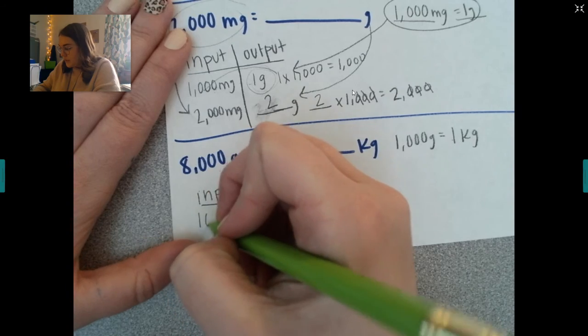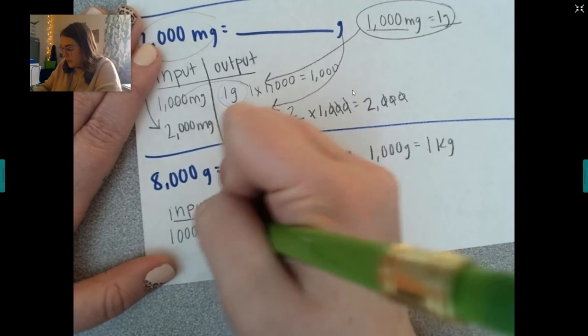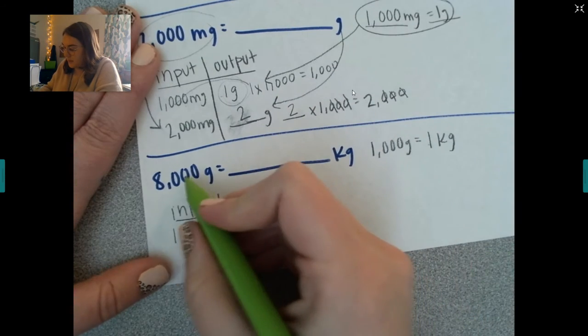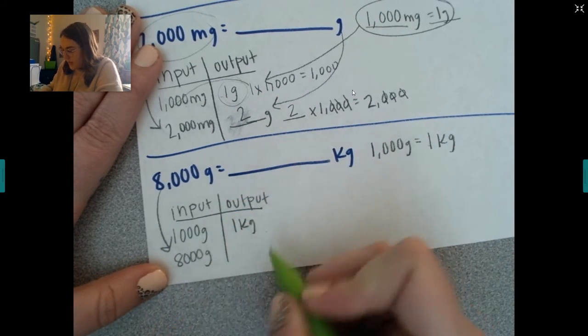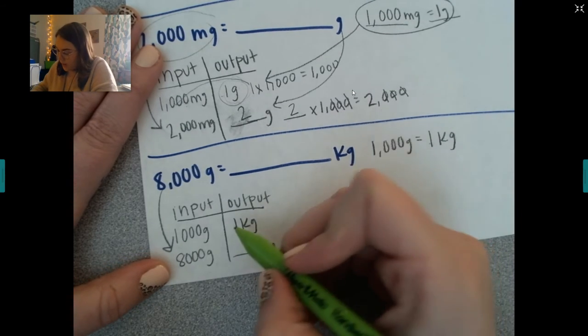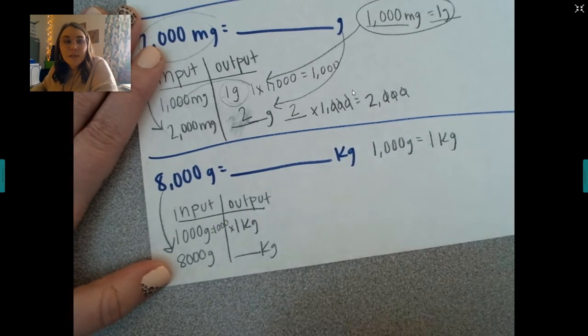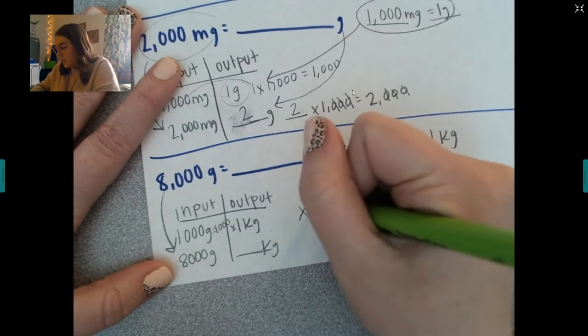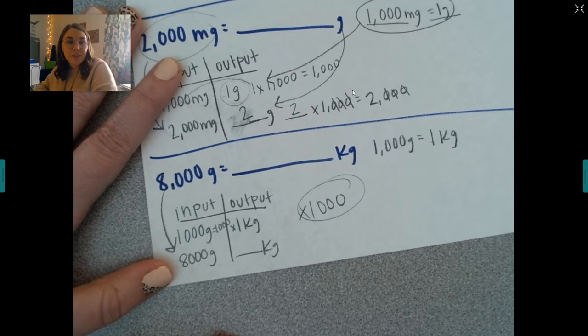So I'm going to put my conversion that I found over here. That's my very first number. And then I'm going to go ahead and plug in this 8,000 that I have right here. And I need to know blank kilograms. So I know 1 times 1,000. Notice a pattern here. On weight, it seems like our rule is always times 1,000, right?